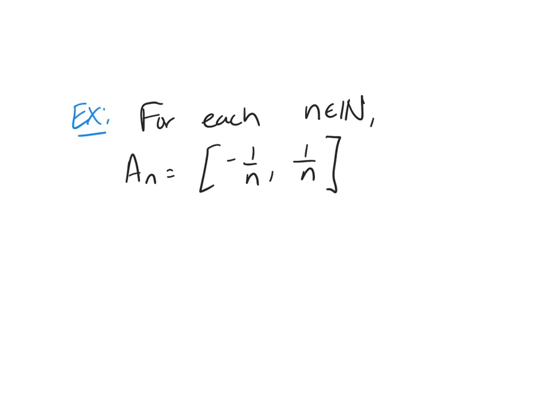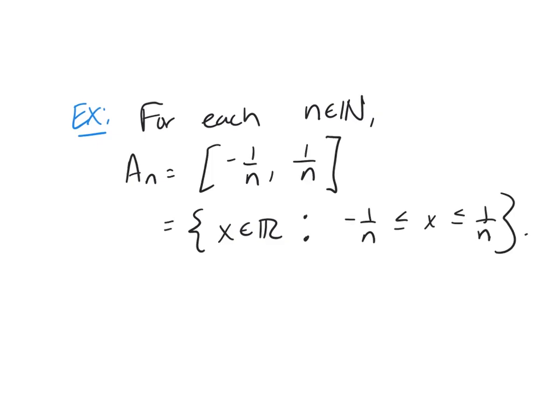So remember, if you want to think about this in terms of a set, this is the set of all real numbers where they're between -1/n and 1/n, including those two values.